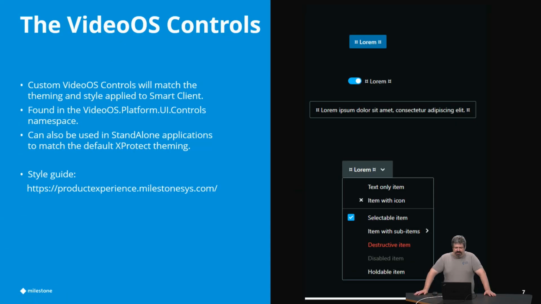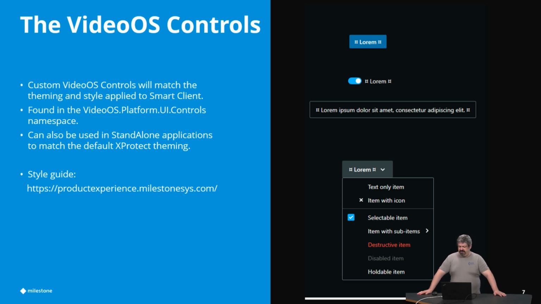The video controls are custom controls you can use to create your own plugins in case you need to create any user interface. You can also use them in a standalone integration. These are found in the VideoOS Platform UI controls namespace.